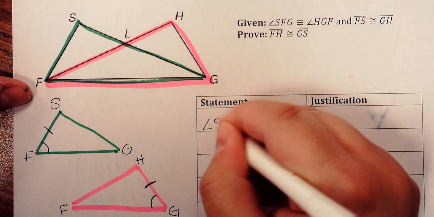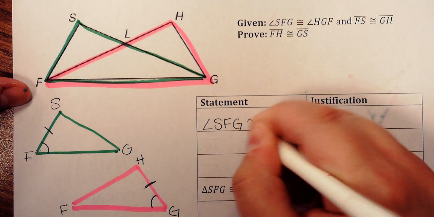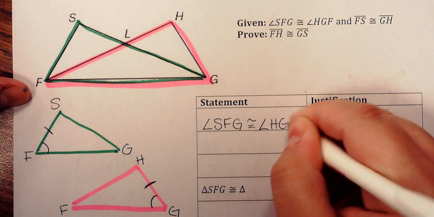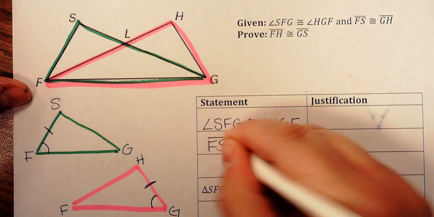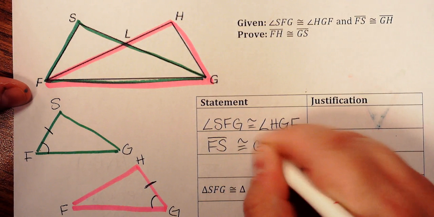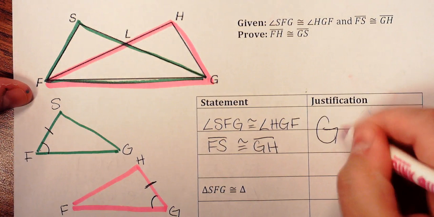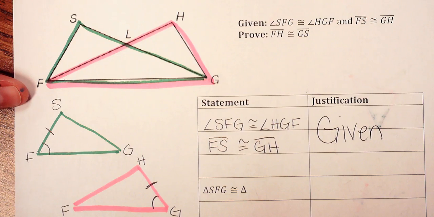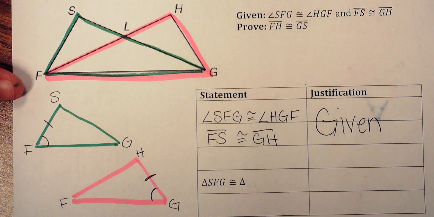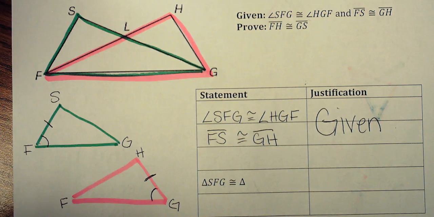I'm going to say angle SFG congruent to angle HGF, a set of angles. And I'm going to get a set of sides here. I'm trying to get my 3 sets of triangle parts. These are given. And I want to look back to the diagram to see if those two triangles share any sides or angles in common.